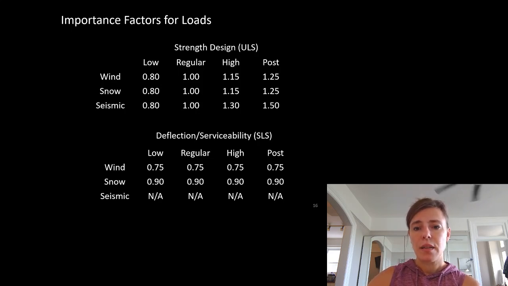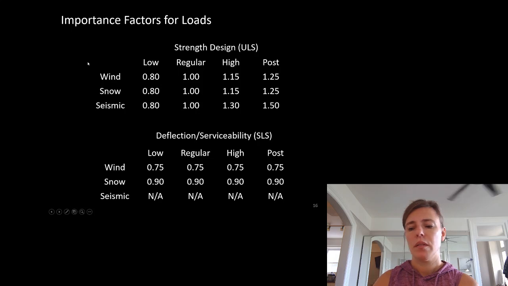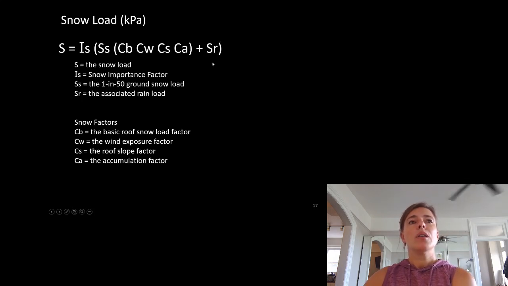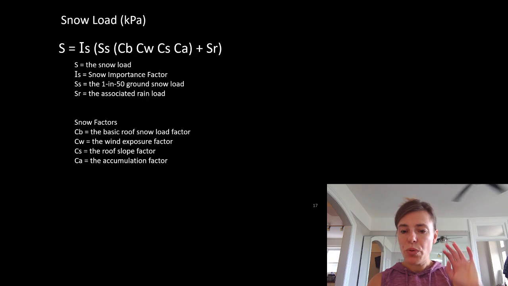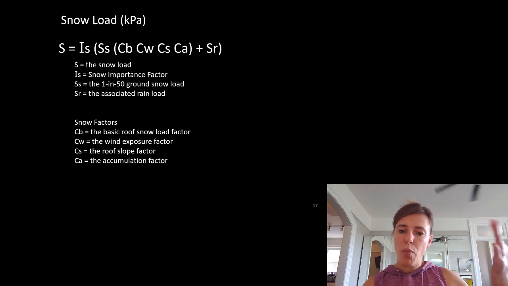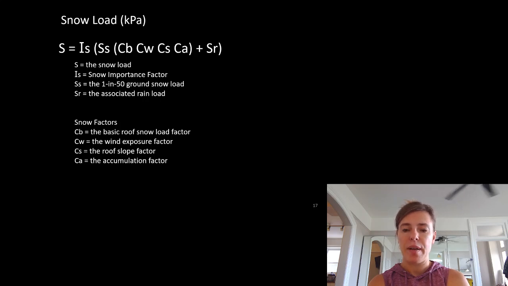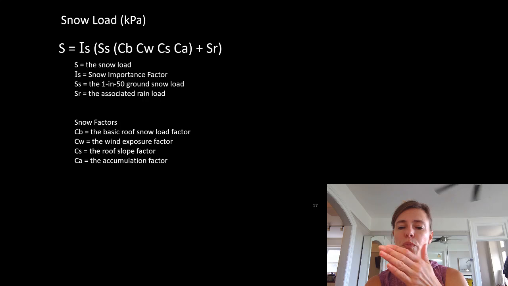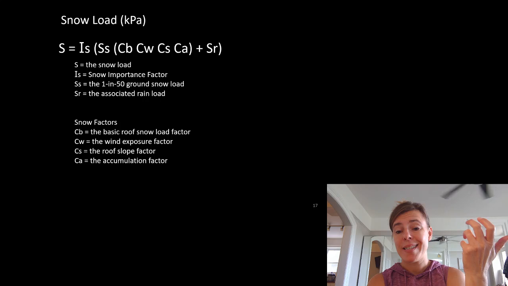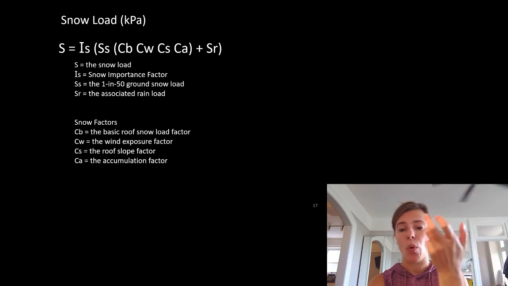So let's keep going. Let's take a look at one of our load cases. Those were our importance factors. Let's actually take a look at a load type. I've now broken these out, and we've moved on to our climatic data load types, or loads that are dependent on statistics in your region.